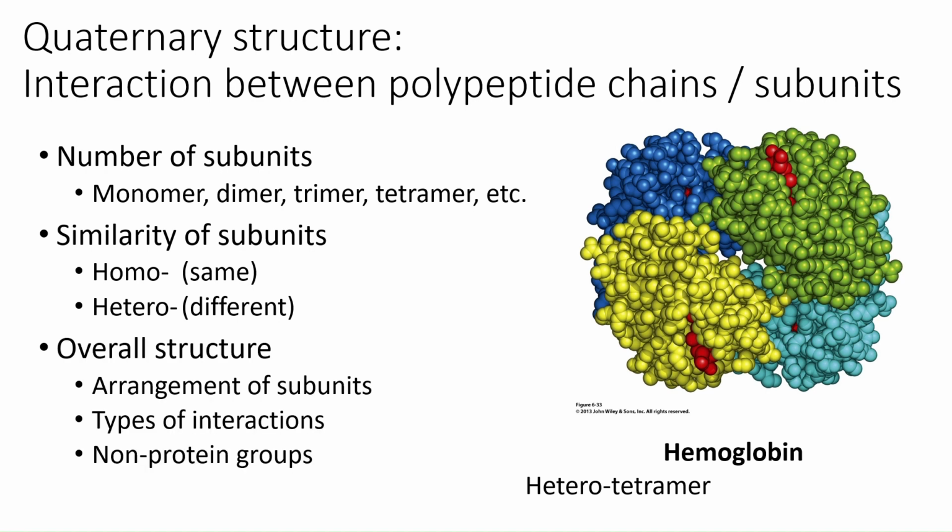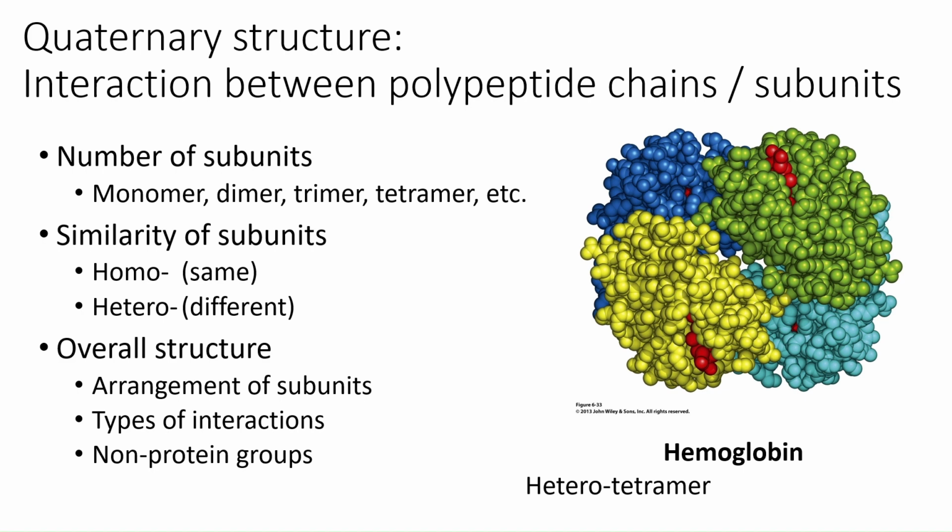The overall structure can contribute to the quaternary structure, including the arrangement of the subunits and the types of interactions between the subunits. Again, we're talking about side chain interactions here: hydrophobic interactions, hydrogen bonding, dipole interactions, maybe even disulfide bonds. And non-protein groups can count here too.